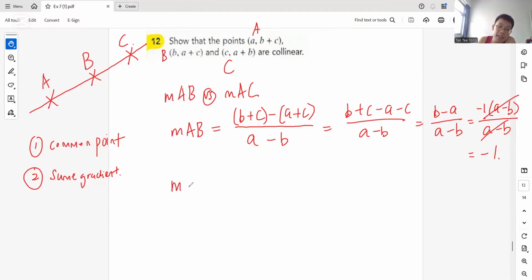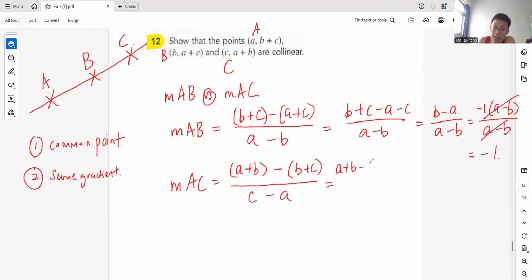Now let's find the gradient of AC. Gradient of AC is y1 minus y2, which is a plus b minus b minus c, over x1 minus x2, which is c minus a.